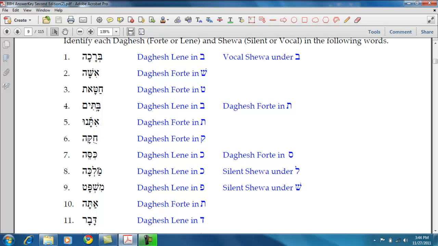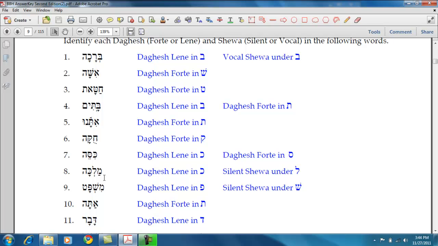Malcha. The dagesh in the kaf is a lene because it is a begadkefat letter and it is not following a vocal vowel. This shva is non-vocal, so it's closing the syllable off. It's actually as if it's following after this lamed here.